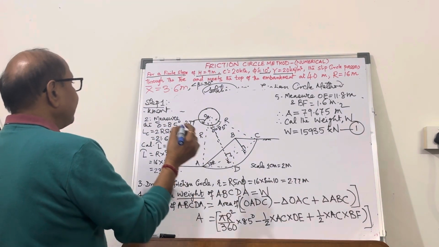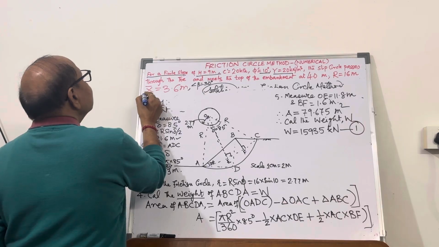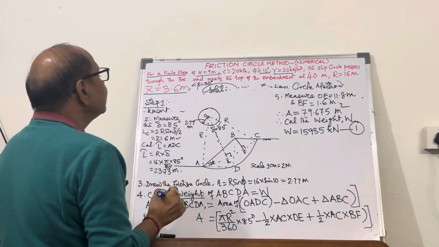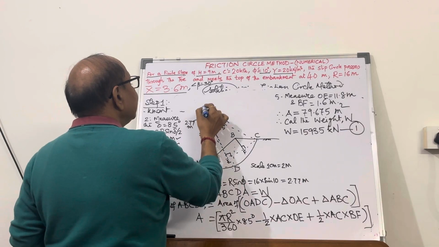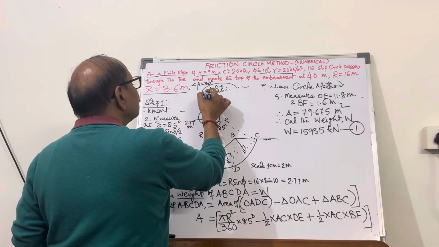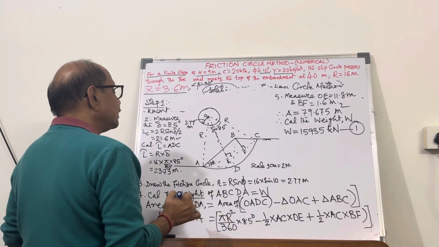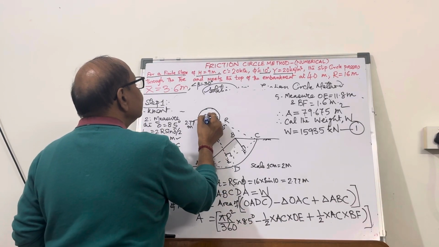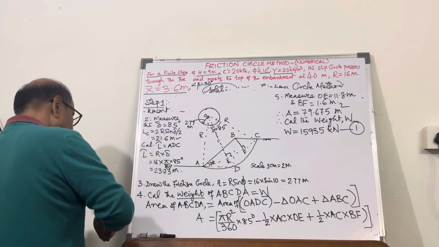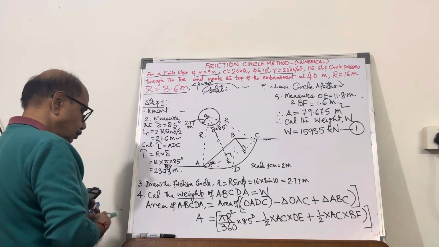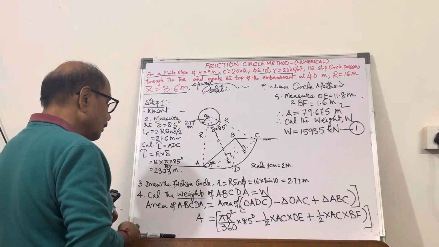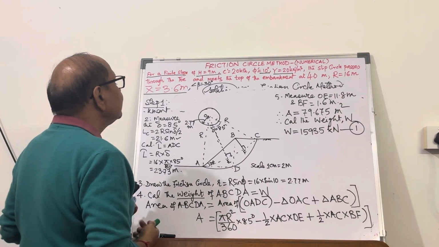Now this weight, where it will act, it is going to act at 3.6 meter from the vertical line passing through O, the center of rotation. So this is the center of rotation. From here, if you draw a vertical over here, friends, you can do it very easily.